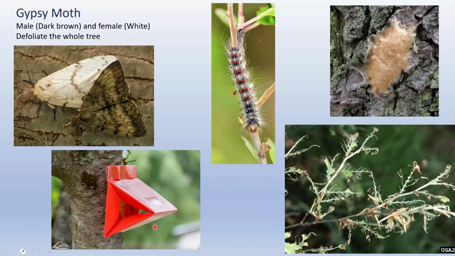So if you see these, leave them alone. And you can also even get 10 or 20 if you want to put around, as long as you check them. You can get them from the Department of Agriculture, and hang them around. But you do need to commit to checking them to see if you capture anything.